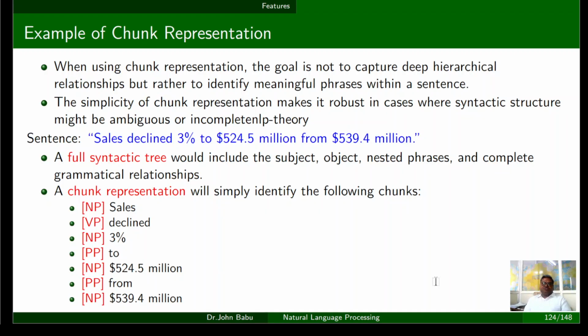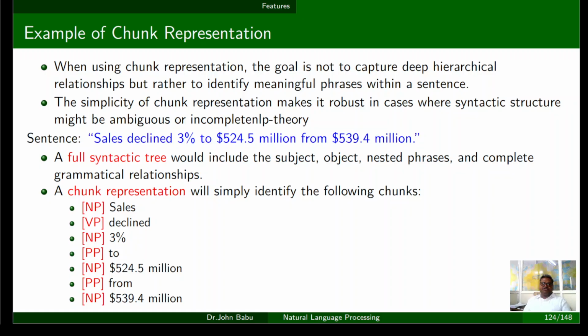When we are using chunk representation, our goal is not to capture deep hierarchical relations between the words, but we want only the meaningful phrases in the sentence. The simplicity of chunk representation makes it robust where syntactic structure might be ambiguous or incomplete.